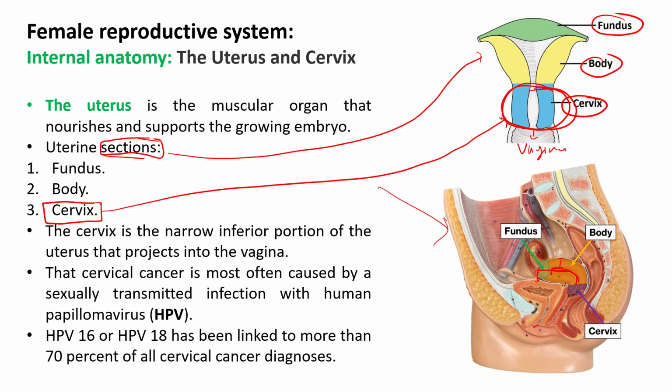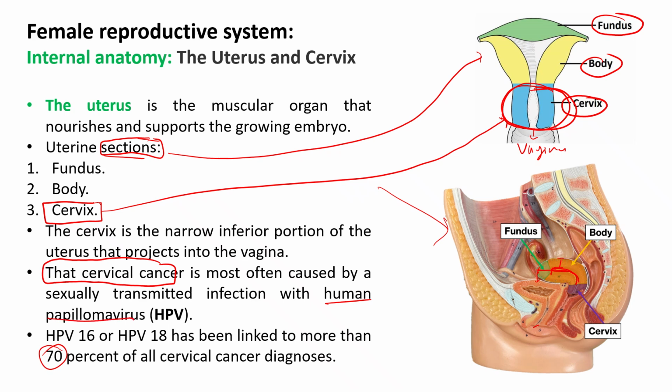And because the cervix is in that area, there's a condition: cervical cancer is one of the most common types of cancer that occur in females, and almost 70 to 90% of the time it is associated with a viral infection with human papillomavirus.